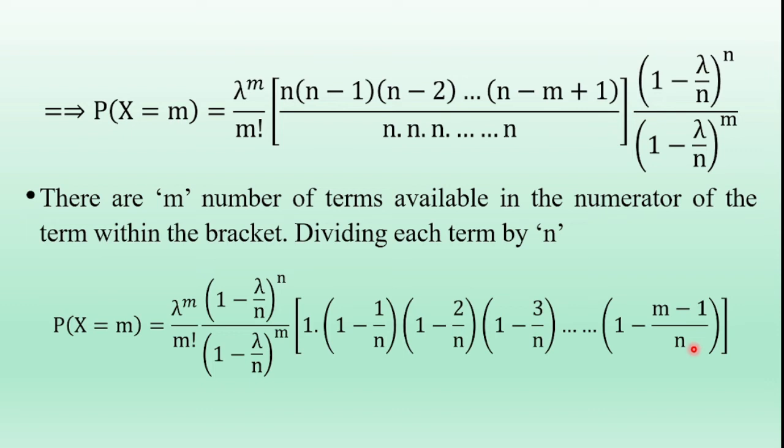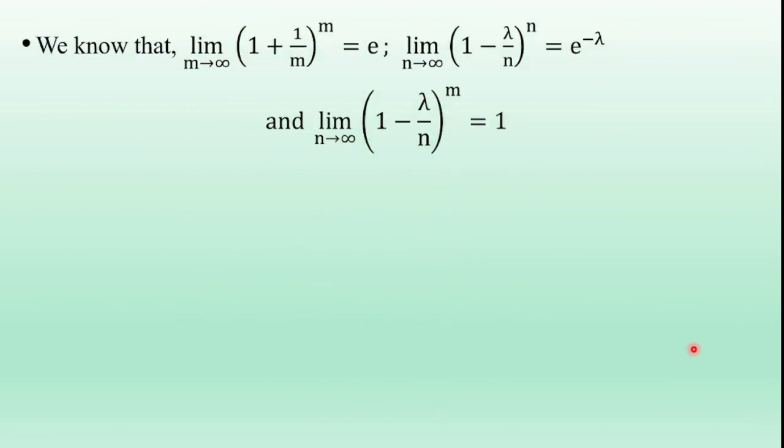But we know the standard expressions used with the binomial distribution function: limit m tends to infinity (1 plus 1 by m) whole to the power of m is e, limit n tends to infinity (1 minus lambda by n) whole to the power of n is equal to e power minus lambda, and limit n tends to infinity (1 minus lambda by n) whole to the power of m is equal to 1. So these are the standard conditions.